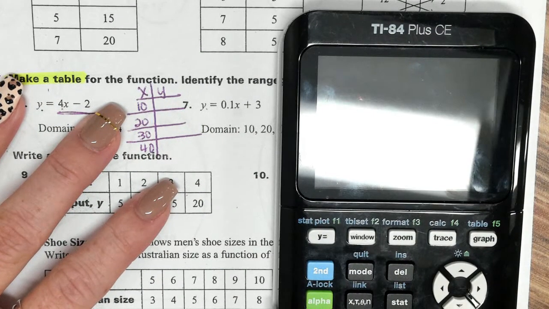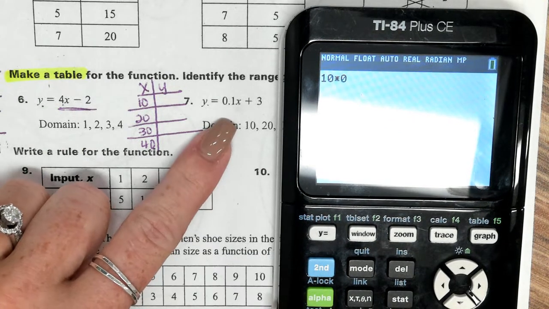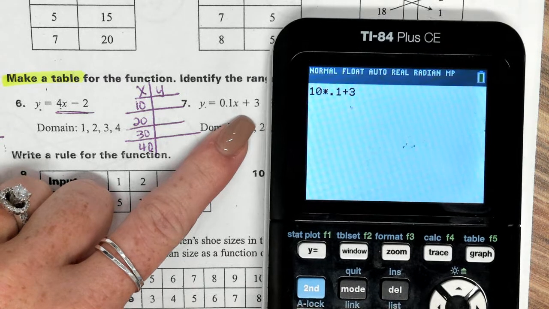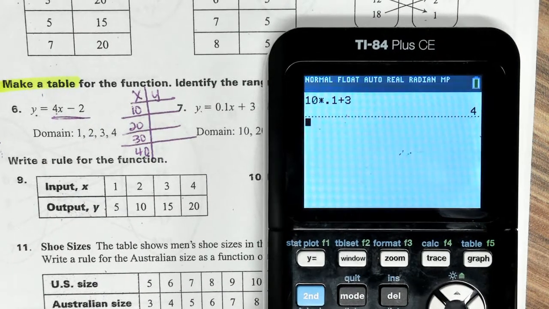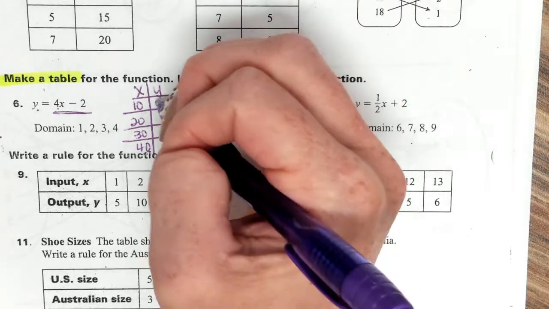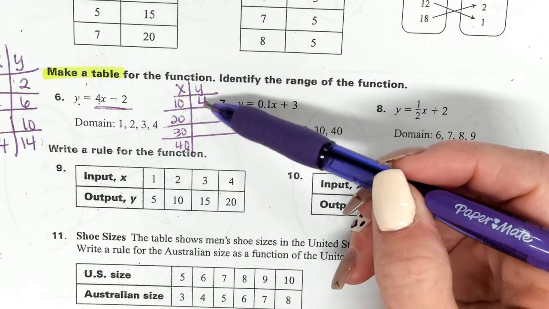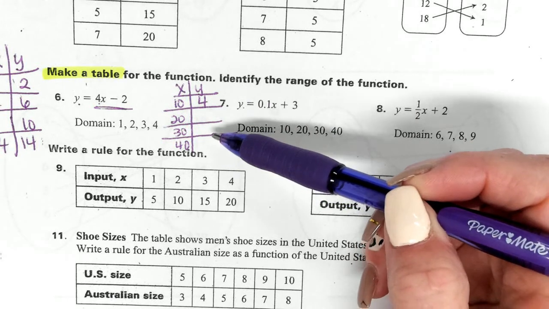I would get my calculator, and I would say 10 times 0.1 plus 3. And you can put it in all at the same time because your calculator does know order of operations. And the answer is 4. So when we grade this on Monday, each of these will be worth their own question. So don't forget any of it, okay?